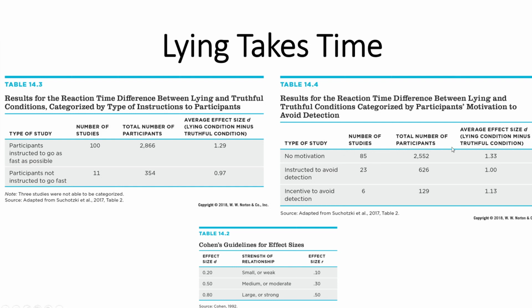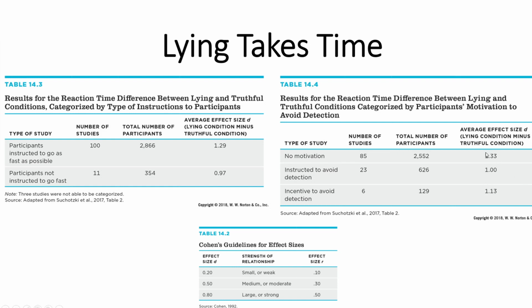So if there was no motivation to lie, they had a very high D still. But if they were told to avoid detection, if they were told to be aware and not let on that it's a lie, that number decreases. And that decrease also holds true if they had an incentive to avoid detection. Maybe they were monetarily motivated.